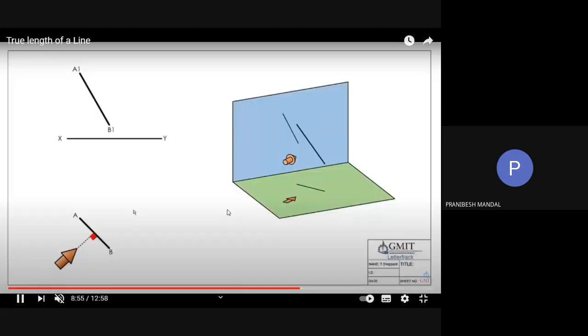and if you consider a plane parallel to this line, that is an additional plane. How will that plane look in 3D? This plane will look like this in 3D.